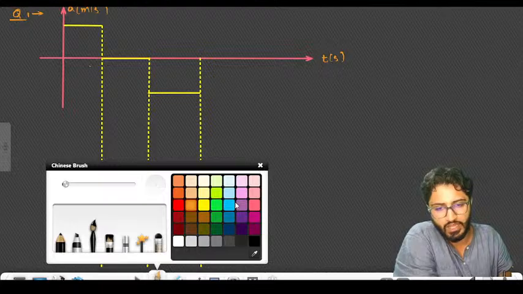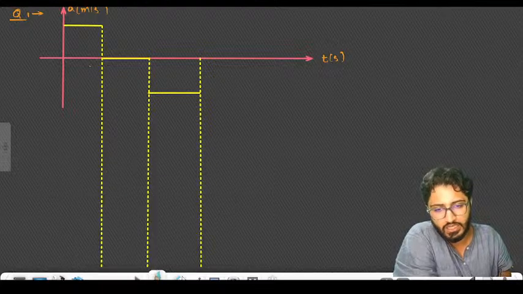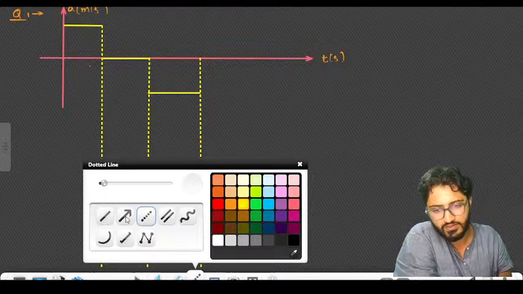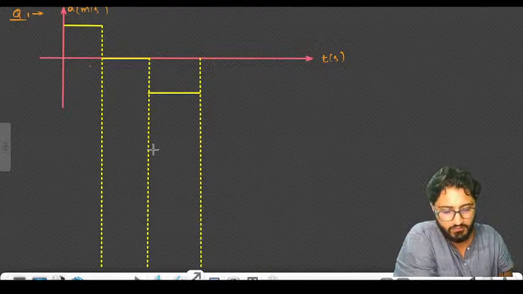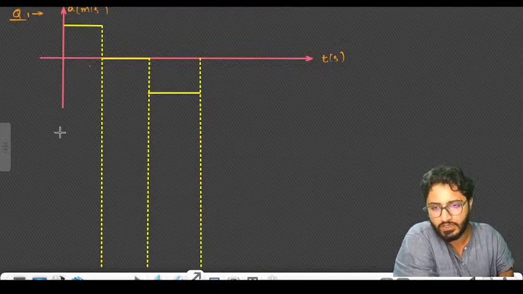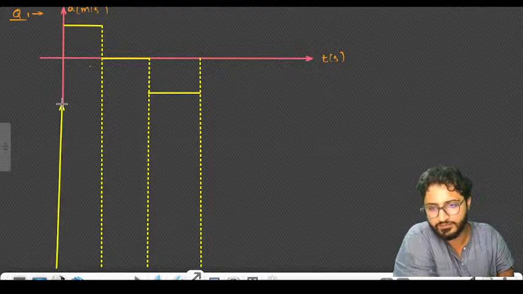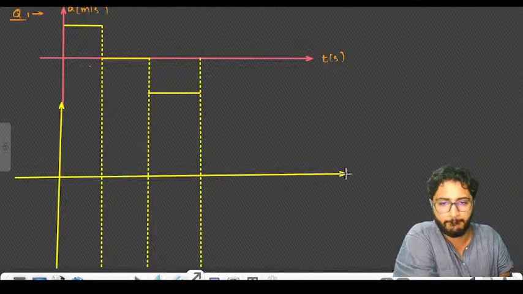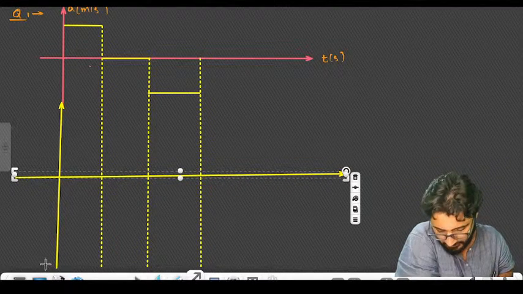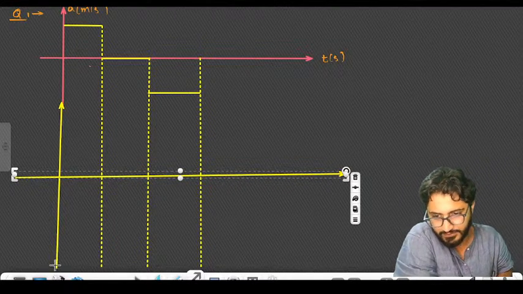So now we have to make a graph of VT. I will extend it now. Look. VT, then XT.